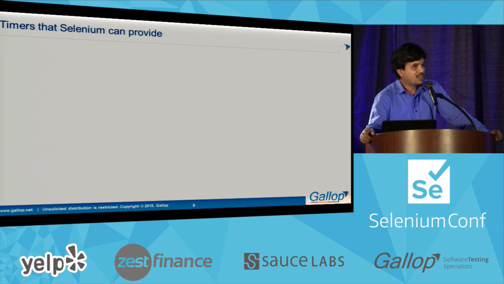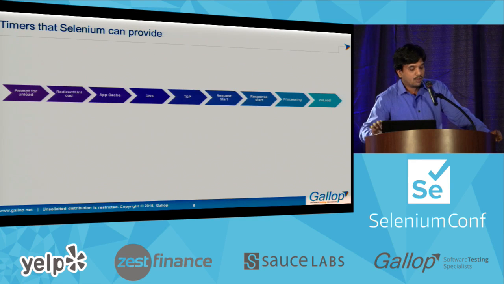Now, how does Selenium actually help us in this case? This is the process of a particular web request. That is the process for every component on your web page, be it CSS, HTML, JavaScript, or an image. You prompt for a particular resource, and the page unload happens.